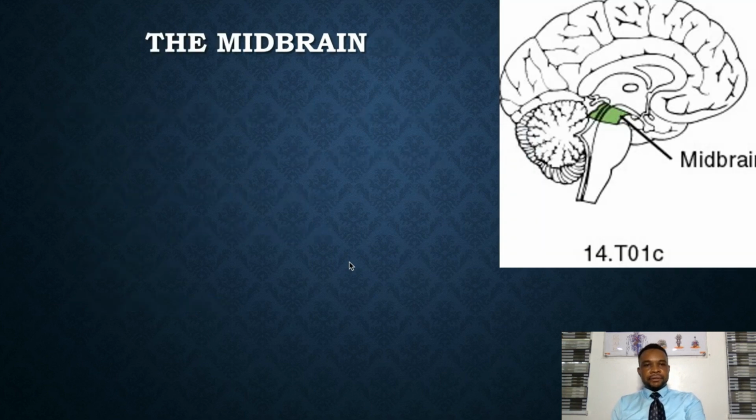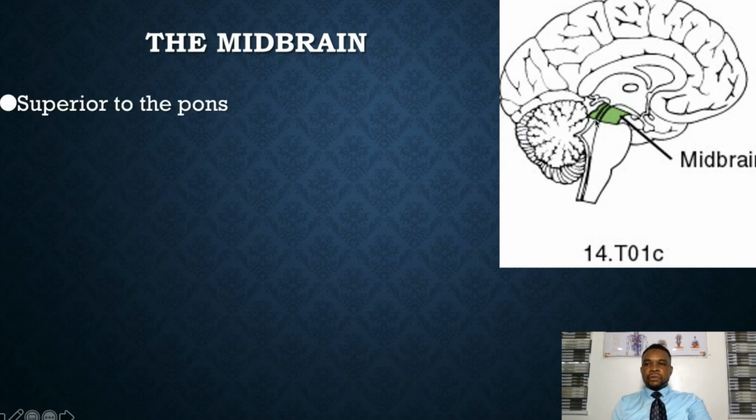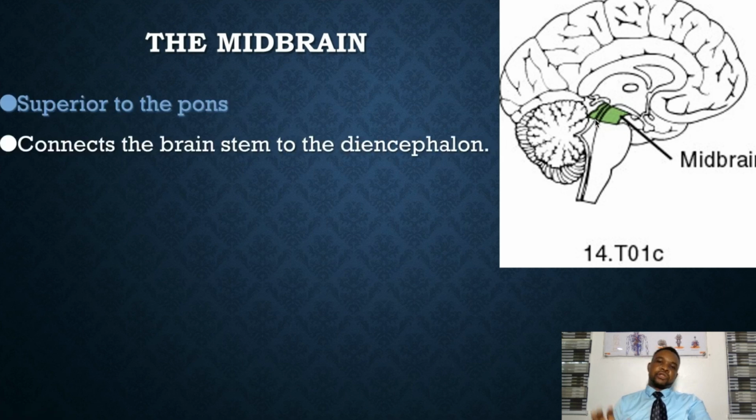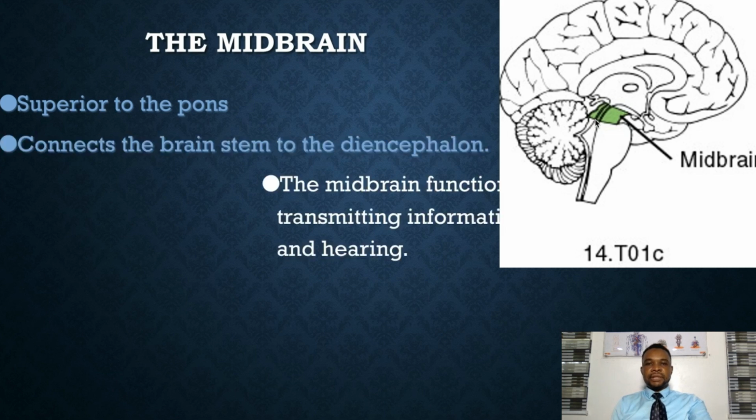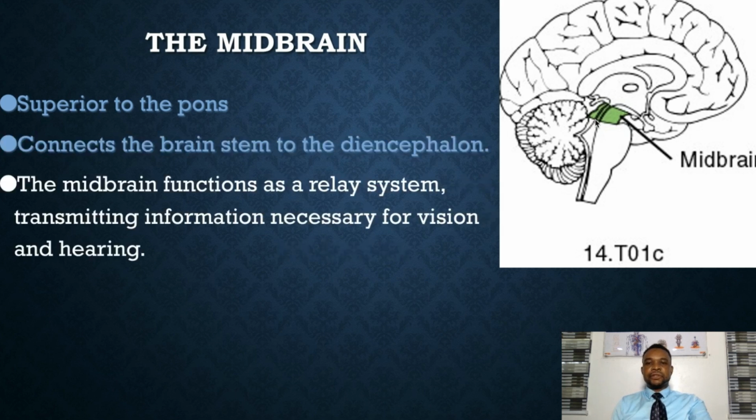The midbrain is the portion that is painted green in the diagram showing here. It is superior to the pons, just superior to the pons. It connects the brainstem to the diencephalon. The midbrain functions as a relay system as well, transmitting information necessary for vision and hearing.